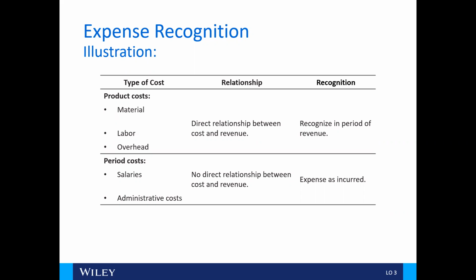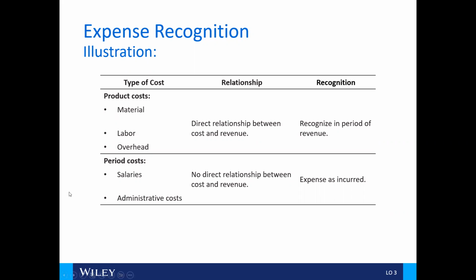So we're making sure we're matching our revenues with our expenses. Because with some products, like if I'm aging cheese or aging wine, when I purchase the direct materials may be a long time away from when I finally sell the goods. So I want to make sure that I'm matching revenues with expenses in the same period.